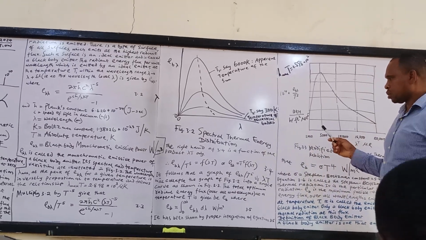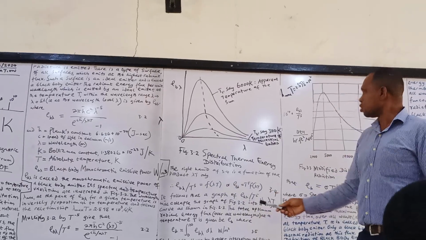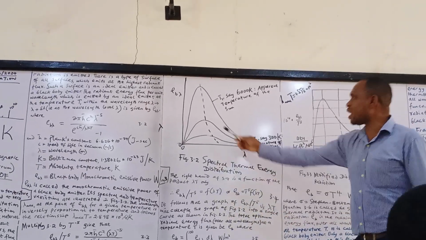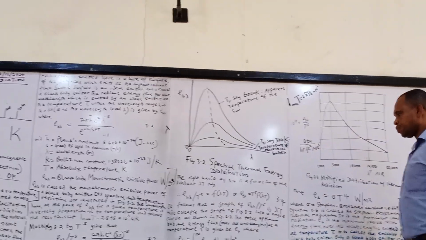So this versus this, if you plot it, it collapsed this into this.